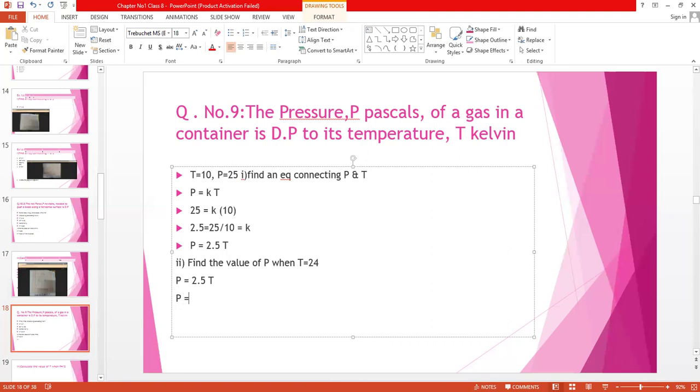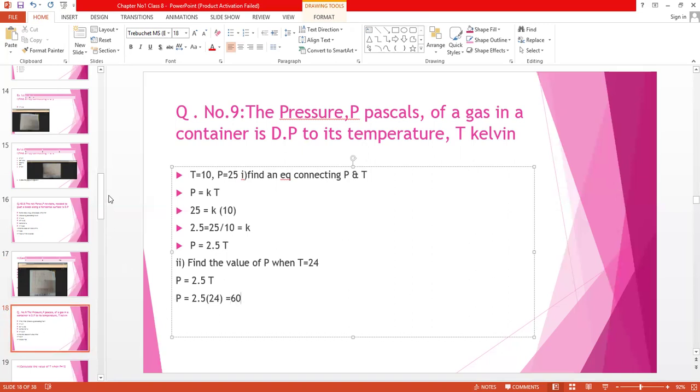So P is equal to 2.5, and we have to multiply it by 24. Just after multiplying, we will get its value. 2.5 multiplied by 24 is equal to 60.